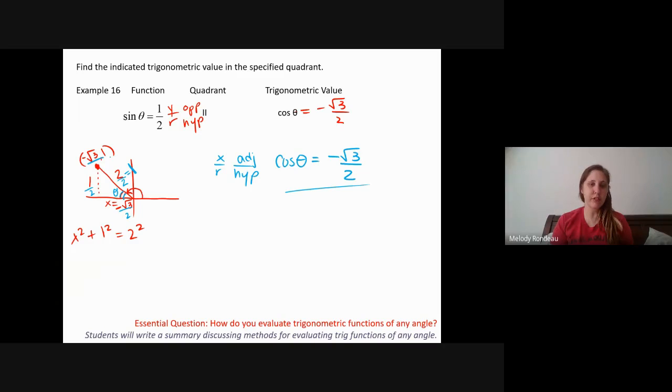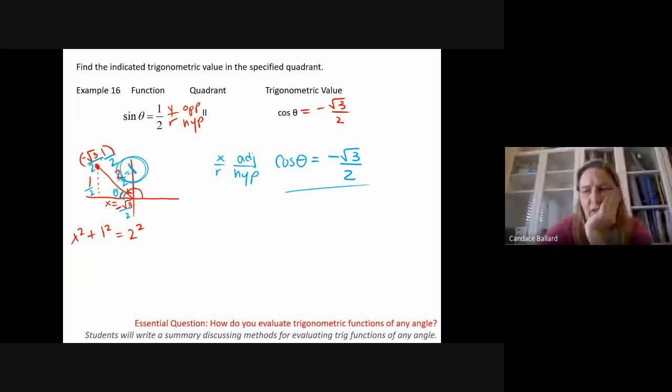So if I was truly doing the unit circle, though, these would be divided by 2 because I want a radius of 1. If you didn't quite grasp all of that, that's okay, but that's kind of the explanation as to how that all connects and works. Are there any questions? I don't have any at this point.